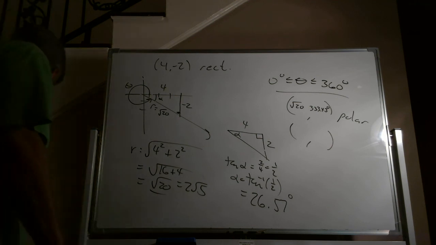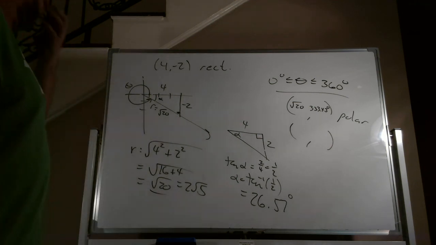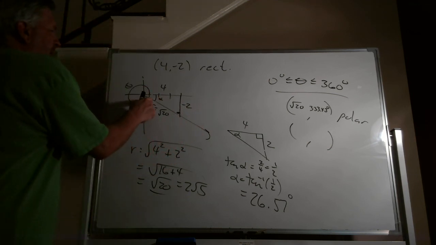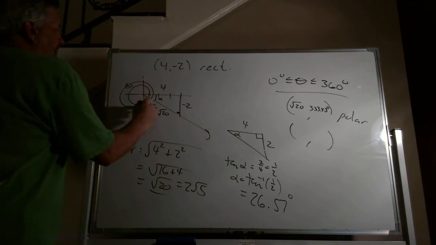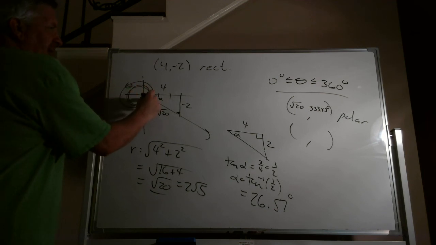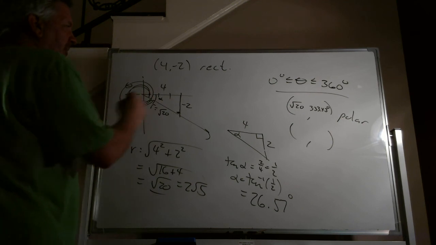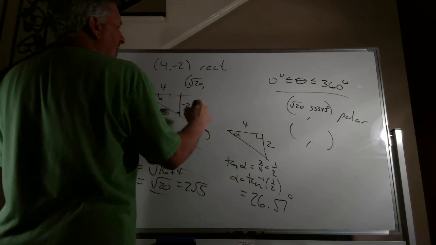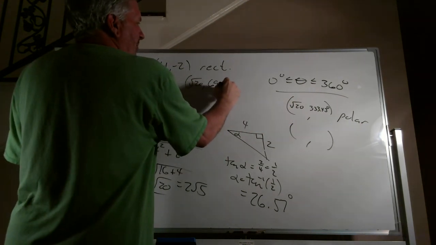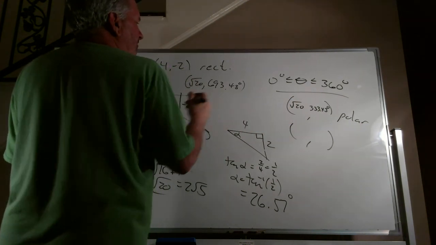Right? Now, the restriction here, ignore the restriction for a second. What if I went around twice and then stopped there? So that'd be 333.43 plus another 360. Couldn't I say square root of 20 and then add 360 to that, which would be 693.43 degrees?